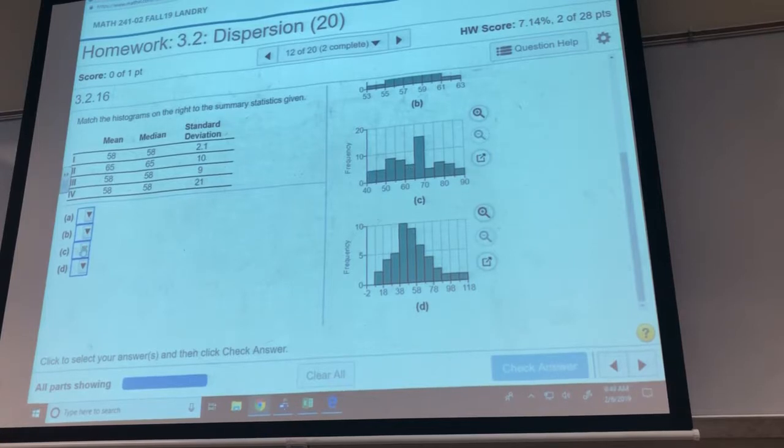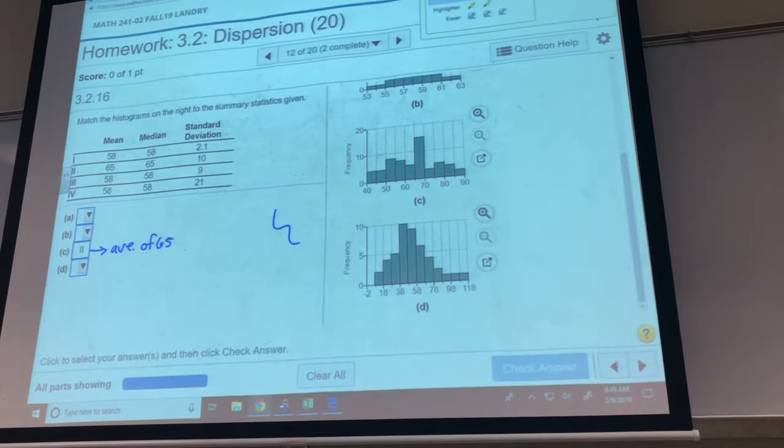So for C, I'm going to say that's data 2, instead of 50. Okay, so that kind of narrows it down a little bit. So now we've got 3 more to worry about.